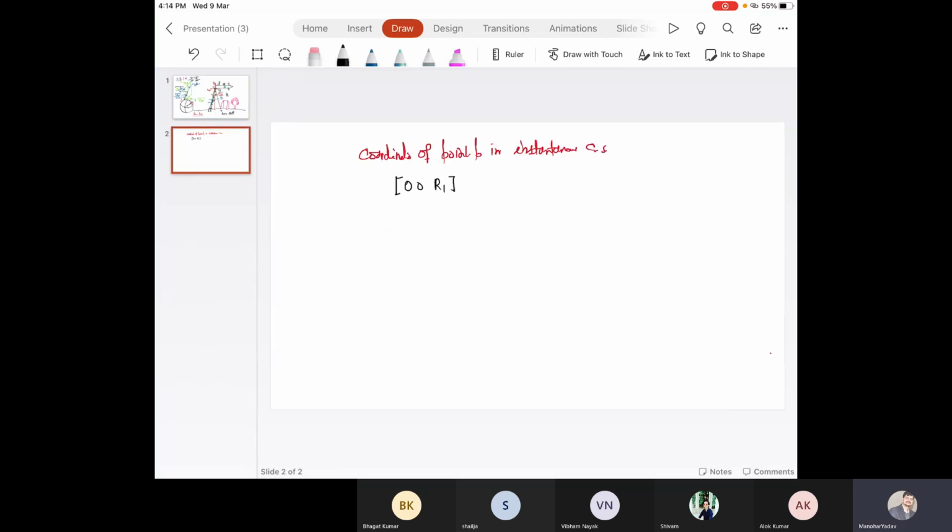So the point P coordinate in the instrument reference system is equal to this vector multiplied by Rx by angle θ1.